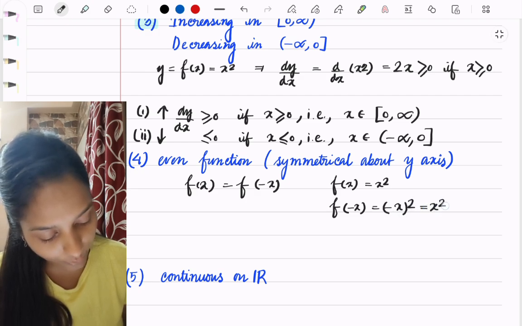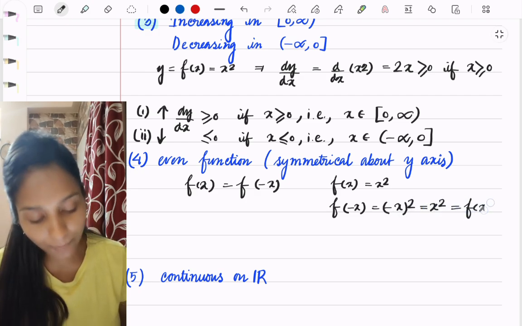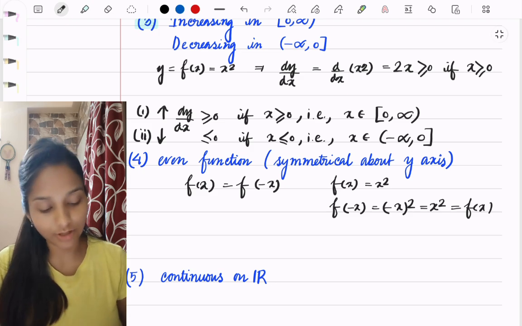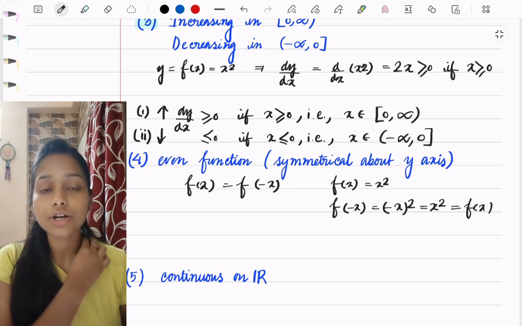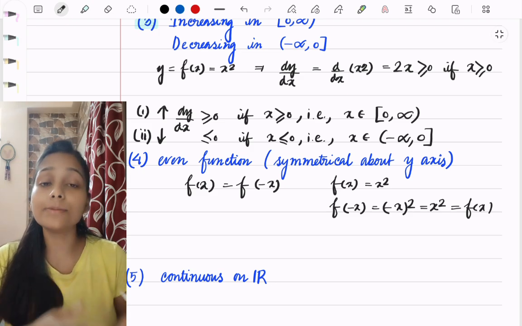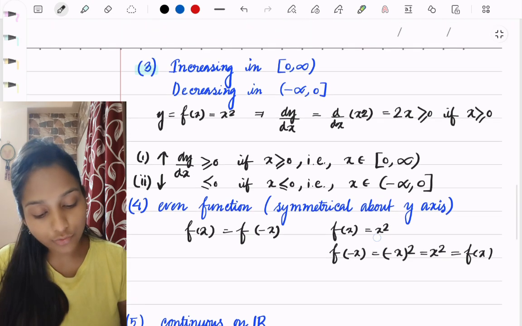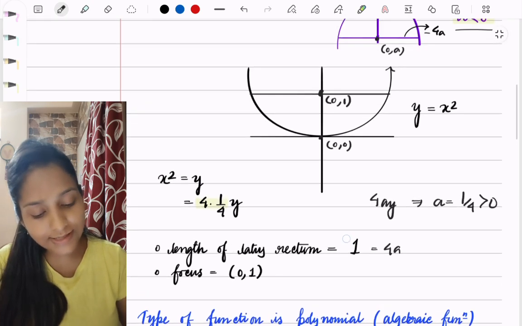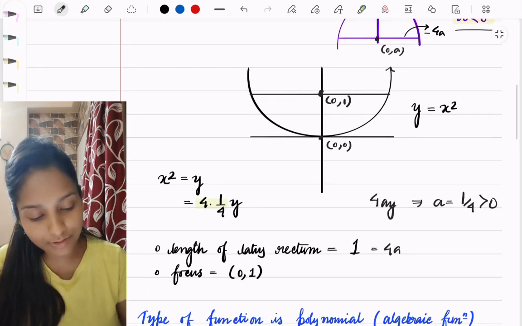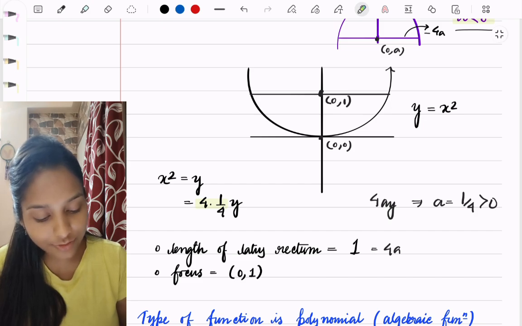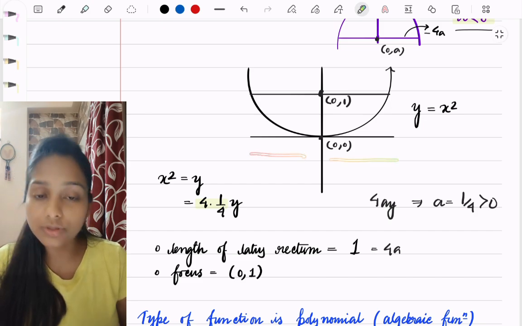This is x square, which is again f(x). So the function is an even function, and even functions are symmetrical about the y-axis. So from here we can see that this function is symmetrical with respect to this y-axis.